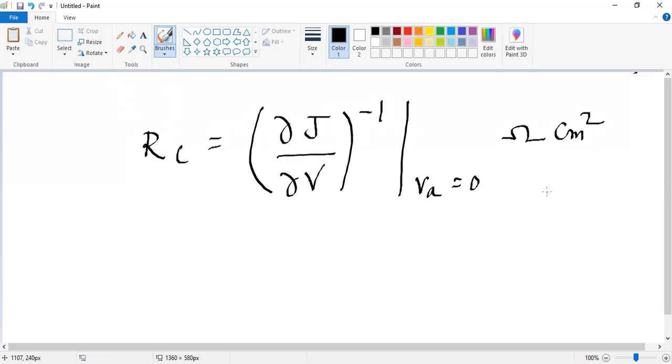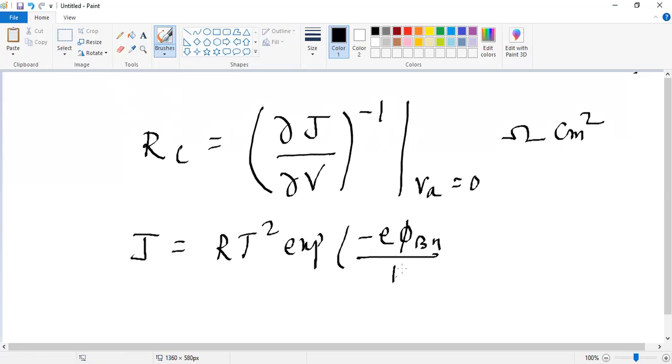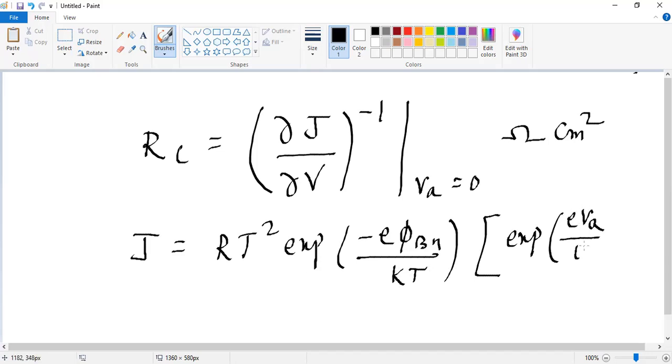Using this, the expression for J, the current density, which is current per unit area, is given by A*T² exp(−qφBn/kT), if you remember we wrote about I0, times exp(qVa/kT) minus 1.